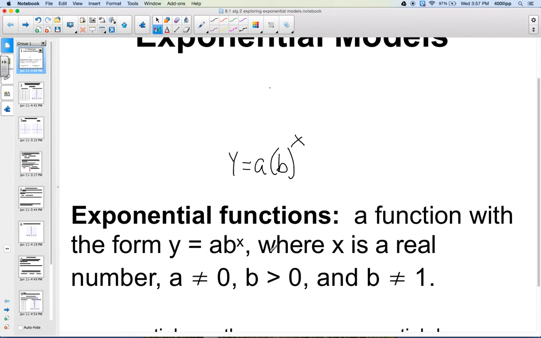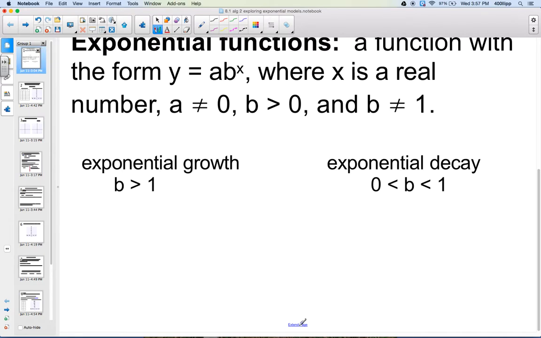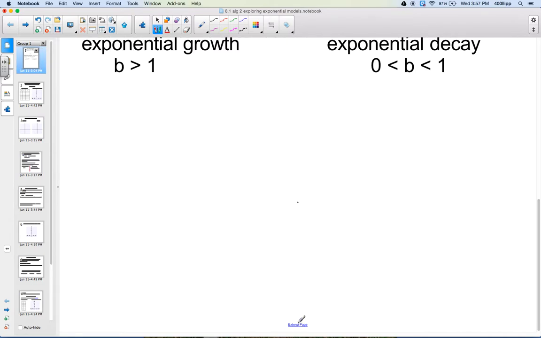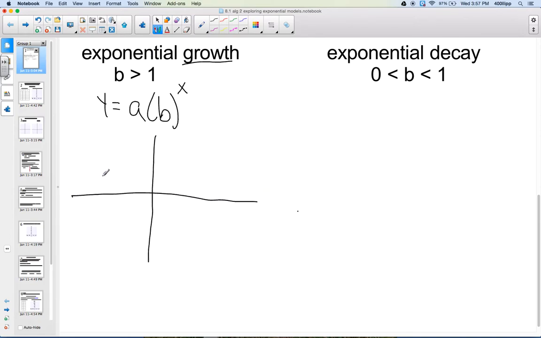All right, so let's look at when we have an exponential growth and exponential decay. So we're still using the same equation here of y equals a times b to the x. And if b is greater than 1, it's going to be an exponential growth, which will therefore look like something that's growing exponentially.